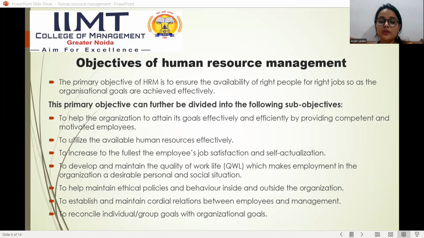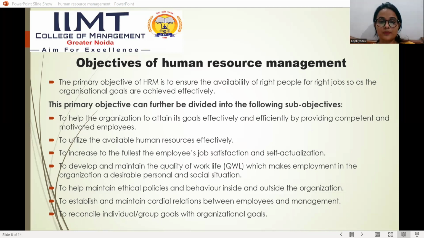That is, to help the organization attain its goals effectively and efficiently by providing competent and motivated employees; to utilize the human resources in an optimum manner so that effectiveness and efficiency can be attained; to increase to the fullest the employees' job satisfaction and the self-actualization of every individual working within the organization; and to develop and maintain the quality of work life, making employment in the organization a desirable personal and social situation.